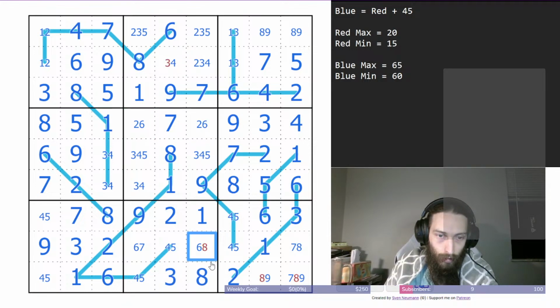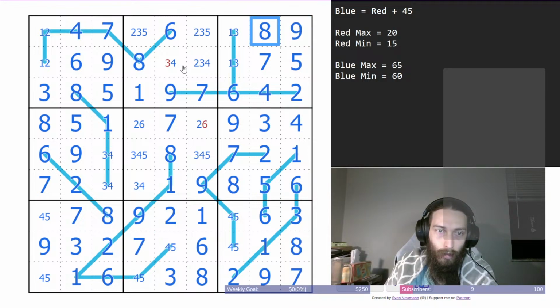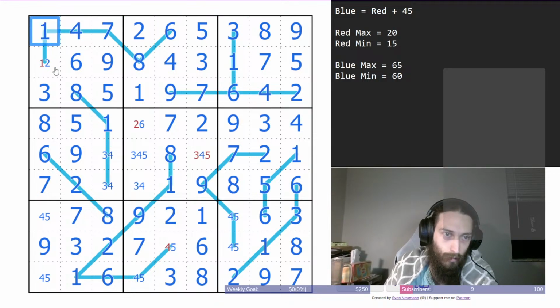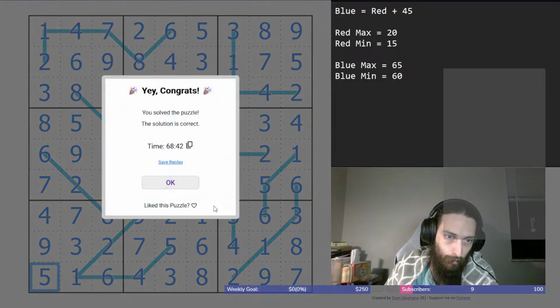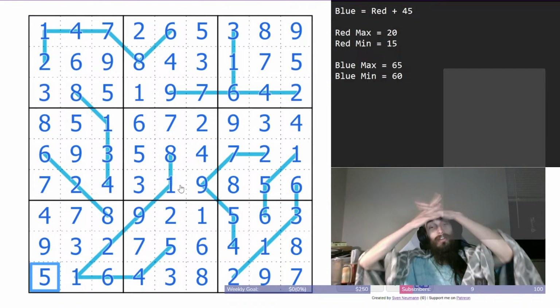That's a 3, 8, 6, 7, 9, 7, 8, 9, 8, 4, 2, 3, 5, 2. No, that's 1, that's 3, that's 1, that's 2, that's 6, 4, 3, 5, 3, 4, 5, 4, 4, 5, 4, and 5, and it's solved!